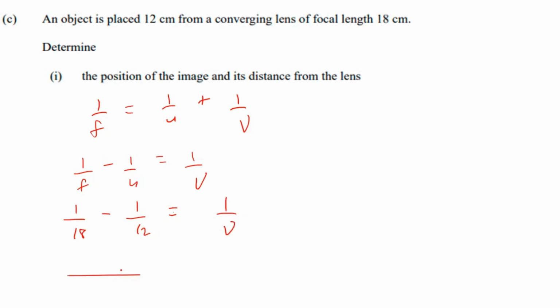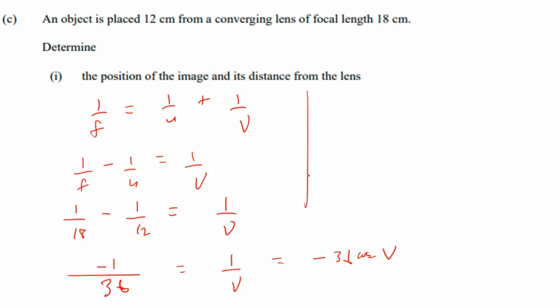So when we work out all of this, we end up with negative 1 upon, had you said negative? Yes, sir. Okay, good. Right, so we just need to take the reciprocal now, which tells us that V is equal to negative 36.